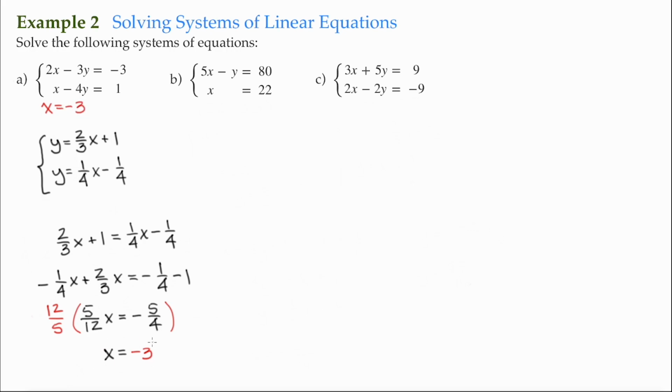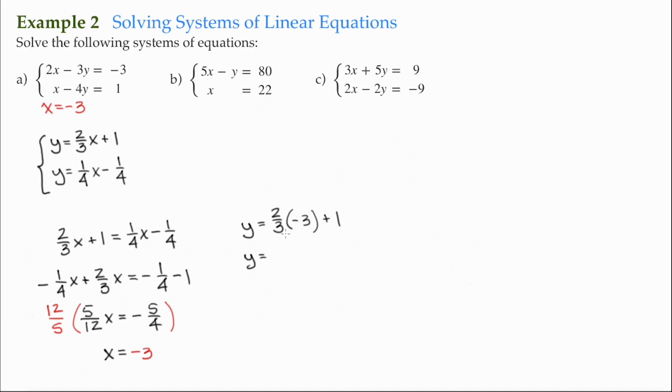We can then take this negative 3 and plug it into either one of these equations here and then solve for y. So how about if we choose the first one here? Y is equal to 2/3 x, and x is negative 3, plus 1.